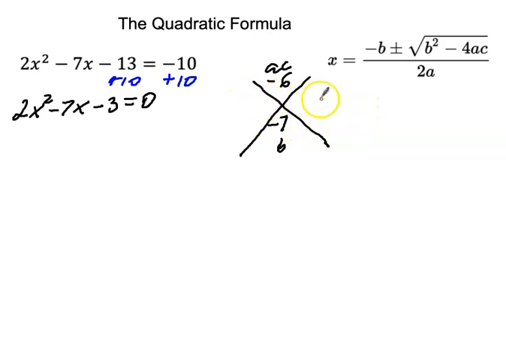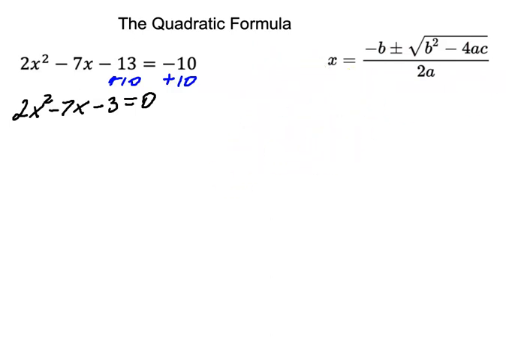When you try different numbers, you will realize that you cannot factor this with integers. So in this case, we're going to use the quadratic formula because we want to get the x-intercepts or roots, and this is a formula that will allow us to find those.